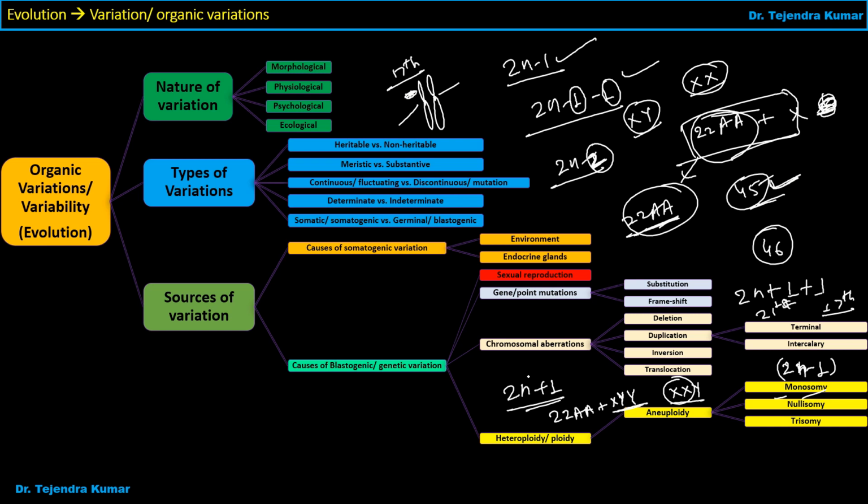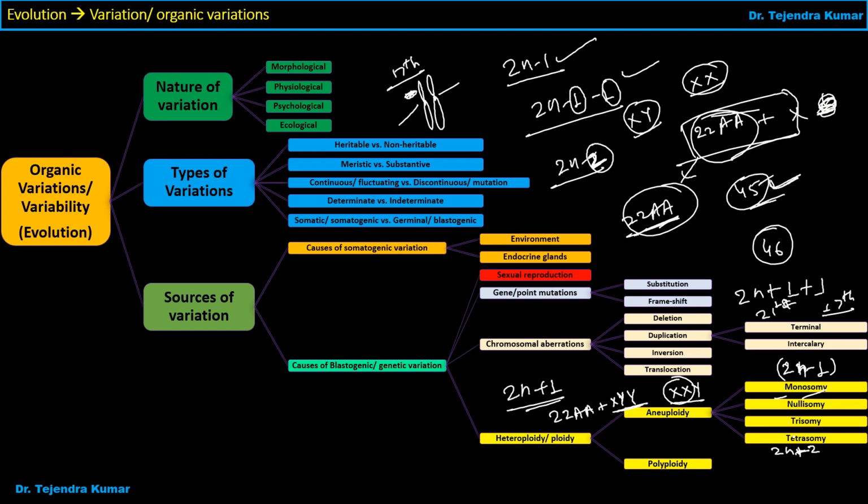Tetrasomy, you can easily understand, is 2n plus 2. Similarly, 2n plus 3 is pentasomy, 2n plus 4 is hexasomy, and so on.